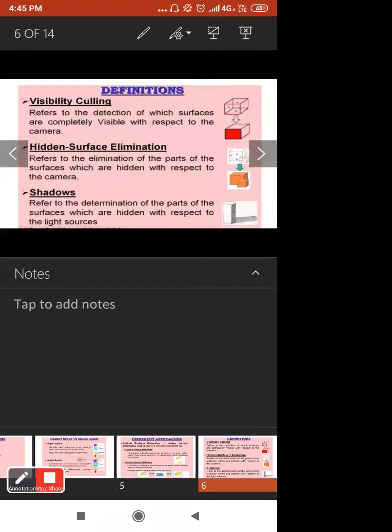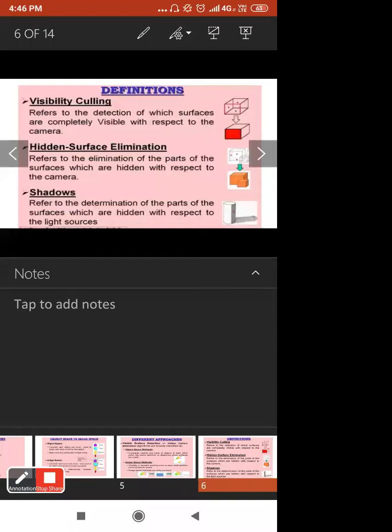Here are some of the definitions of the concept we are discussing so far. Visibility culling refers to the detection of which surfaces are completely visible with respect to the camera. Like in this first diagram, you can see the surfaces pointed by the dots, these are the back faces.